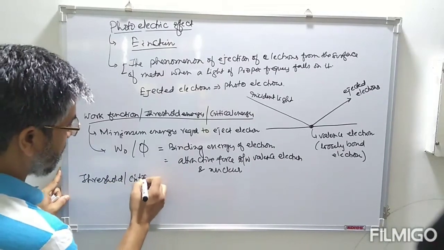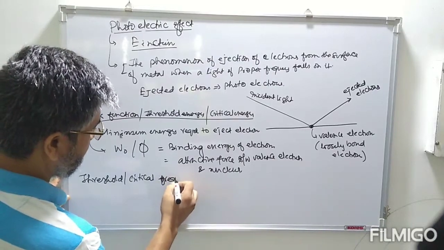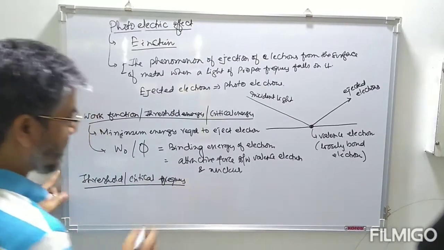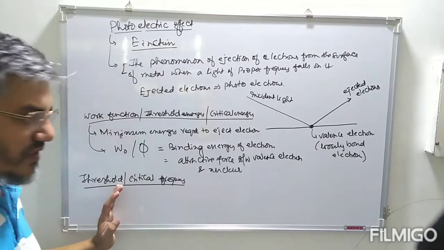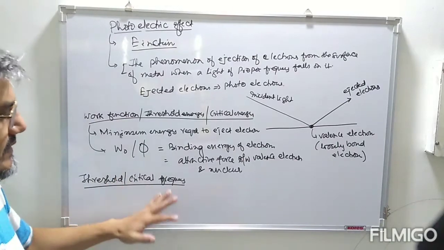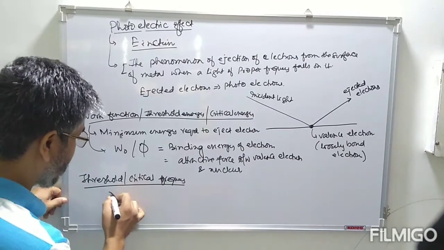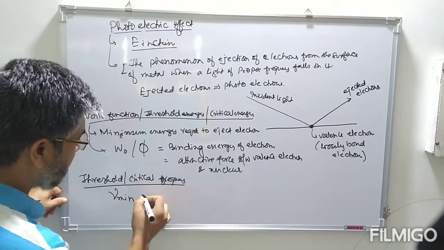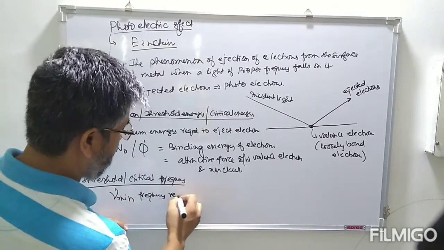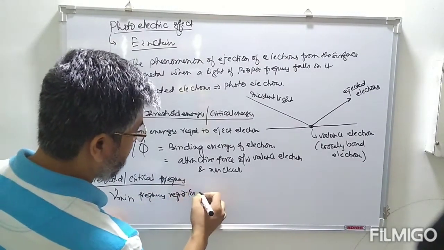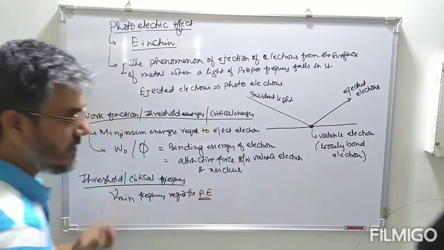Threshold or critical frequency. So this is a minimum frequency of incident light for photoelectric effect to occur. Minimum frequency required for photoelectric effect.